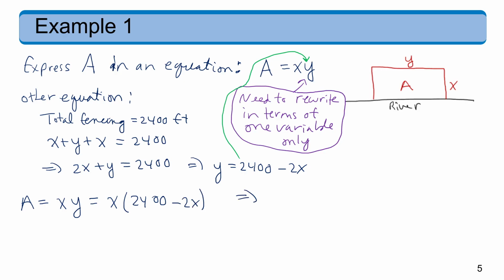And then let's do one more simplification. So now we have A equals, if you distribute the x, 2,400x minus 2x squared. And now if you wanted, you could call this A of x using the function notation, because we've achieved our goal of writing area as a function of only one variable, and it happens to be the variable x. So that completes step 5.